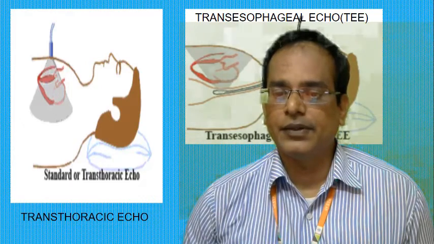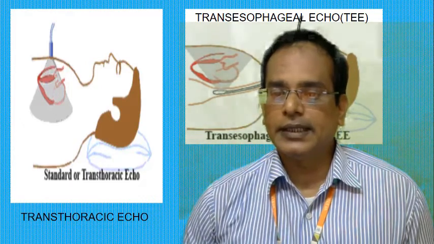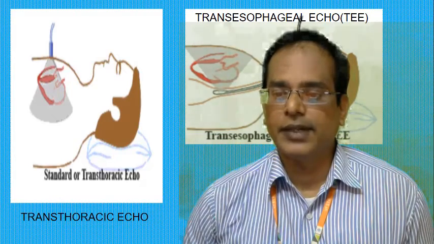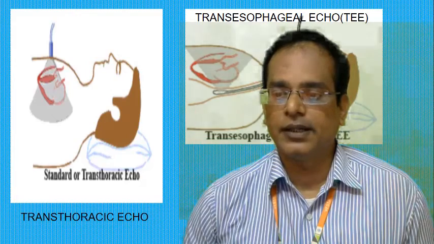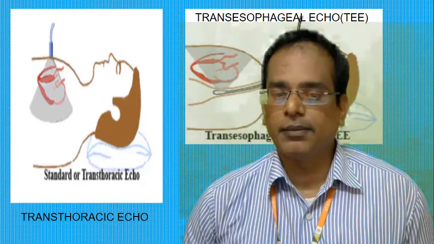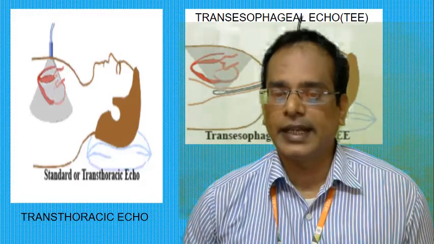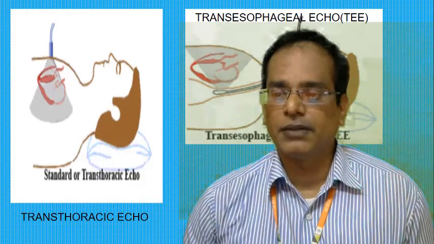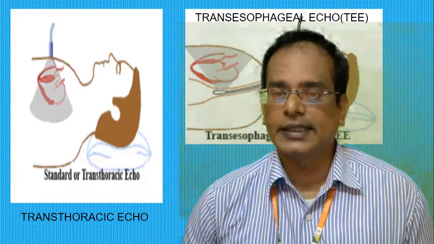These can be viewed with the help of TTE and TEE. TEE has a very high sensitivity for locating blood clots in the left atrium. The disadvantage is that it takes longer to perform a TEE than a TTE.